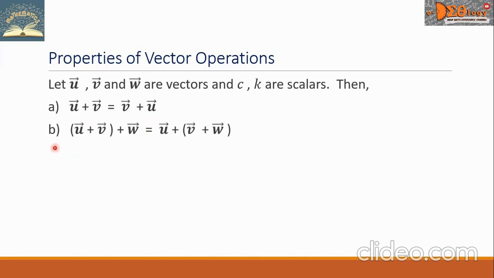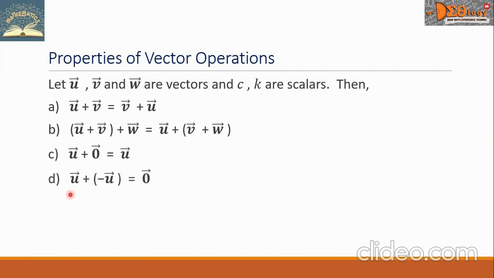Property letter B, the group vector u plus vector v, then plus vector w equals vector u plus the quantity vector v plus vector w. In here, addition of vectors is associative. Property C. Vector u plus vector 0 equals vector u.